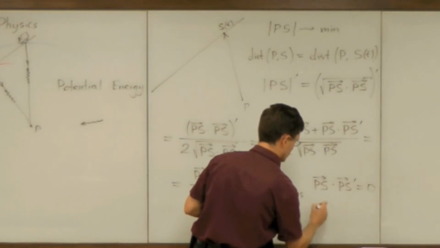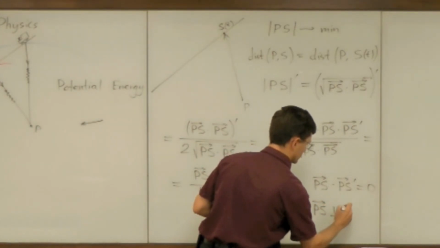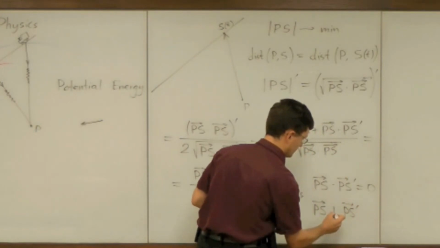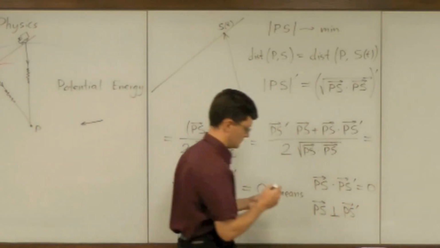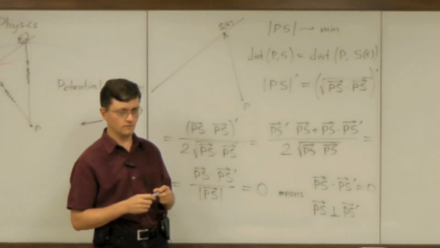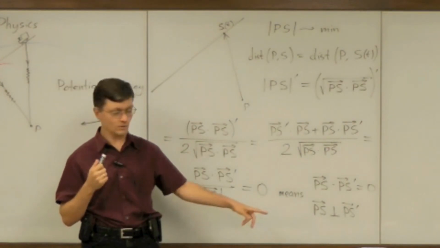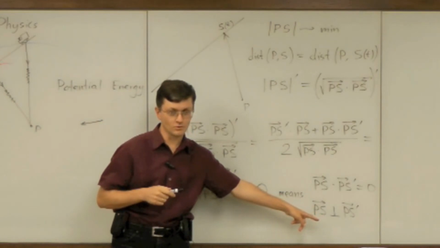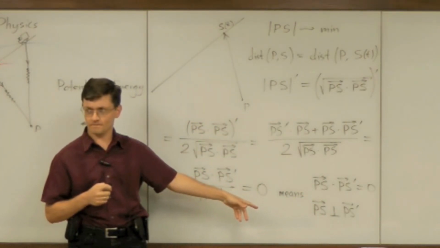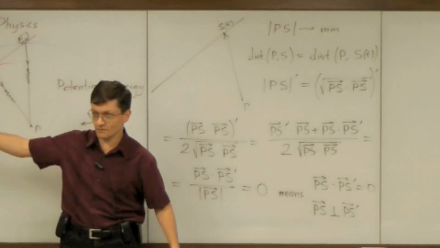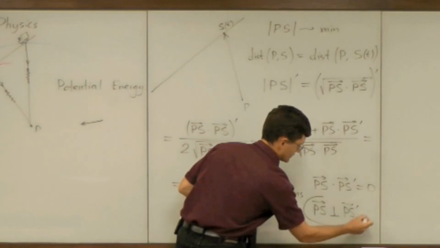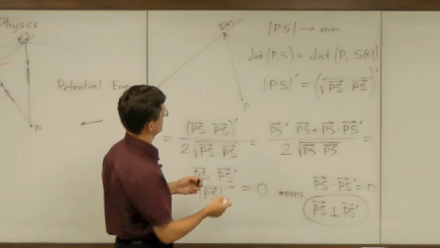So the vector PS is perpendicular to the vector PS prime. Finally, the word perpendicular shows up in this algebra. Because it never happened in the first solution. Now it finally happens.